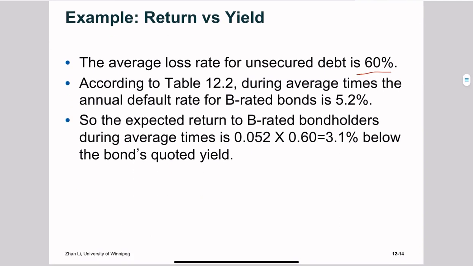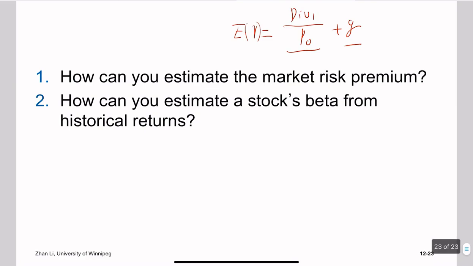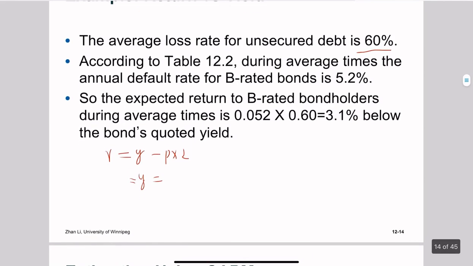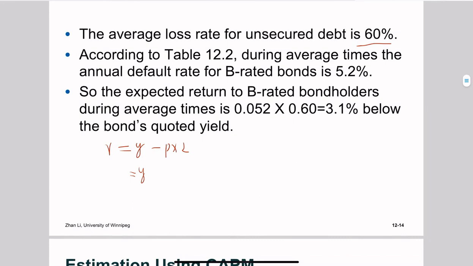Here we want to calculate the expected return from the yield. According to the formula, the expected loss rate is 60%.